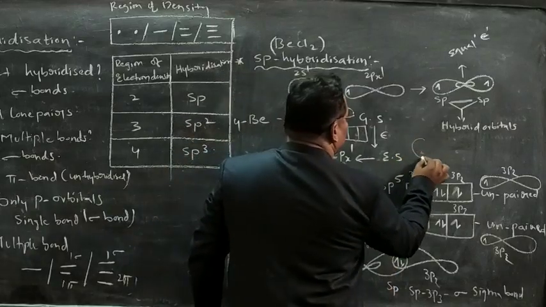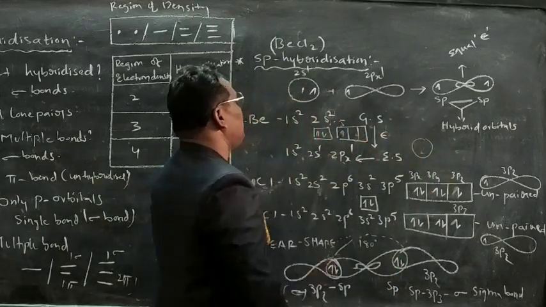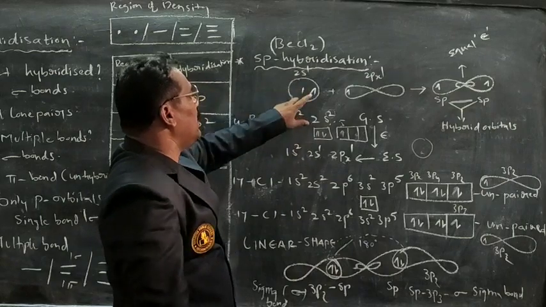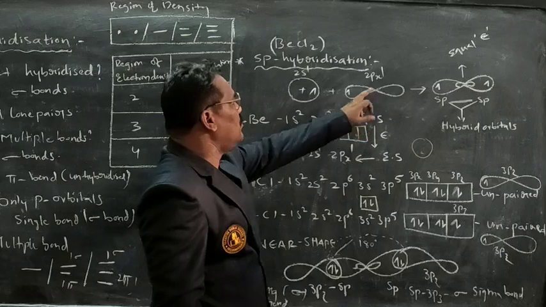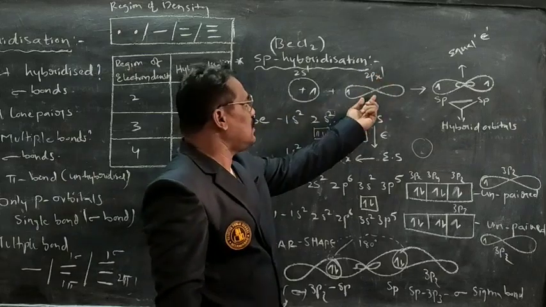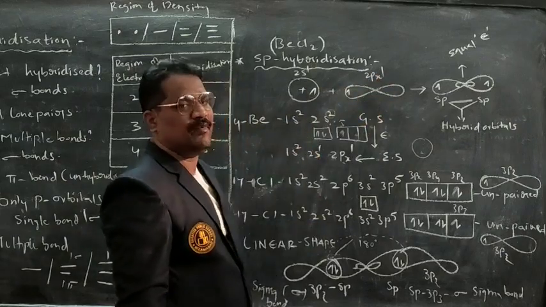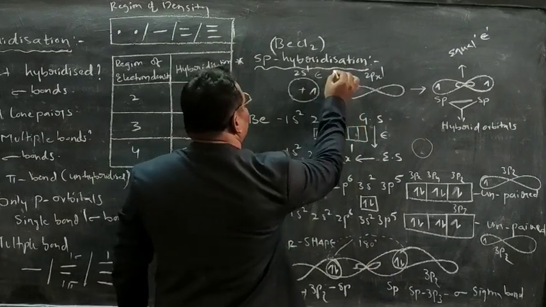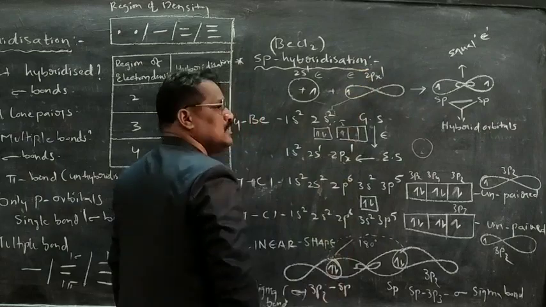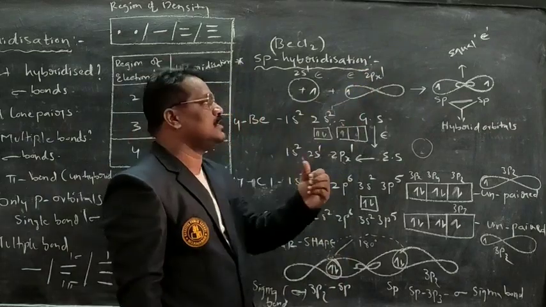One is the s orbital, 2s1, having an unpaired electron. Similarly, the 2px orbital has one unpaired electron. I am taking those unpaired orbitals and intermixing them together. Each has its own slightly different energy.